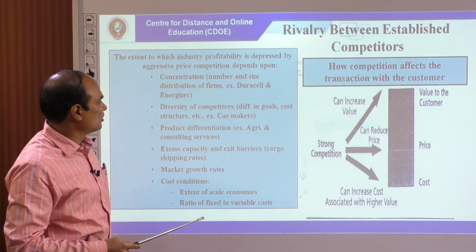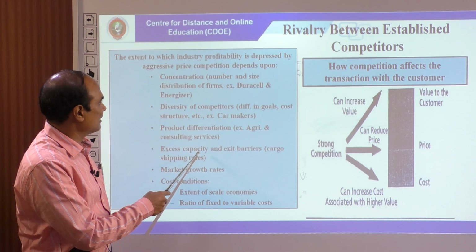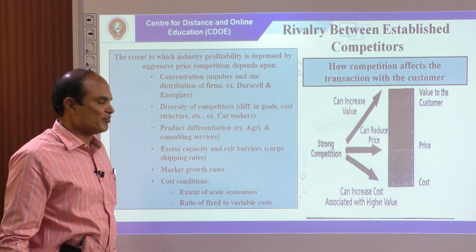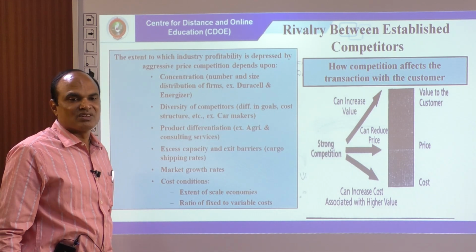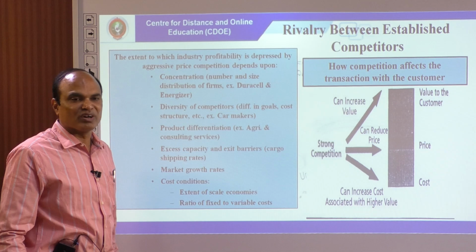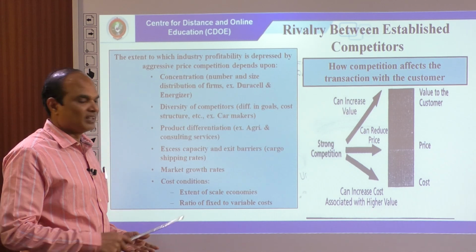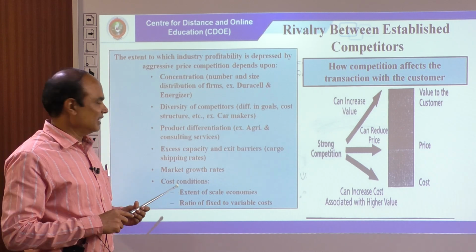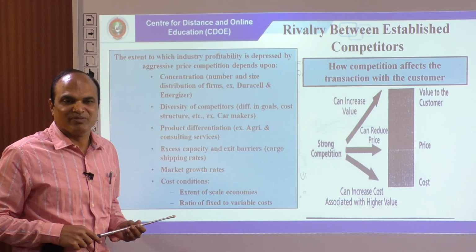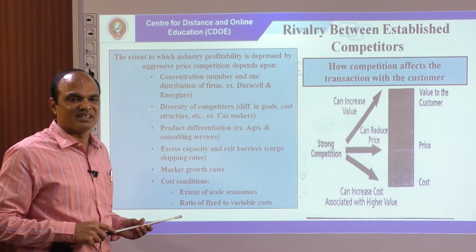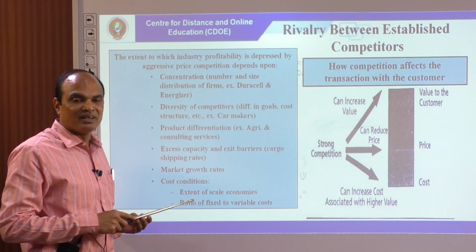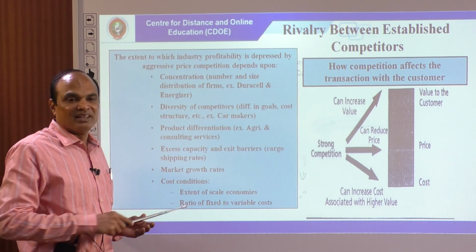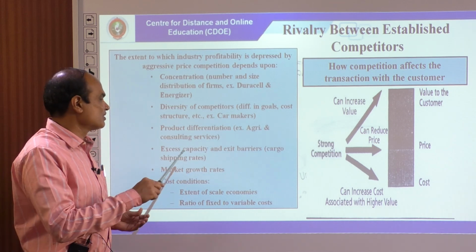Then coming to another factor, that is excess capacity and exit barriers. Take cargo shipping rates. The rates are determined by the global players depending upon the existing capacity available. Sometimes, due to a glut in the global economy or a slowdown in the economy, the movement of goods becomes slow.